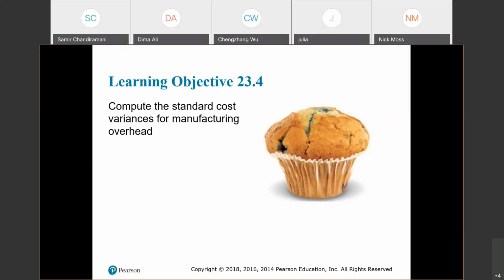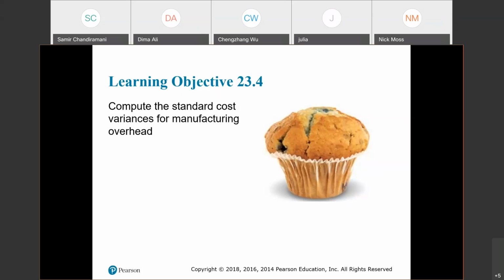In the last class, we learned about the standard cost system, and we learned the cost variance. Cost variance is the difference between the standard or budgeted cost and the actual cost.